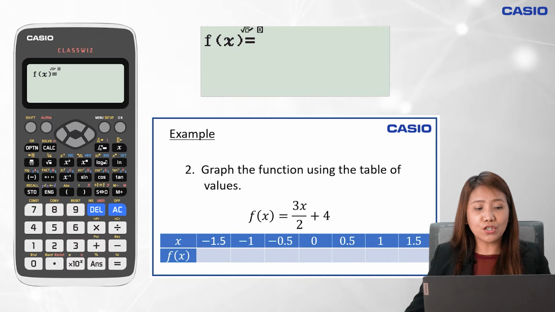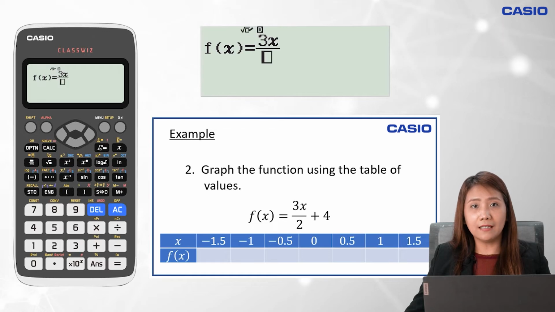We input the function 3x, followed by the fraction key. We input 2 in the denominator, arrow right, then input plus, followed by 4. And it will lead us to the table range.